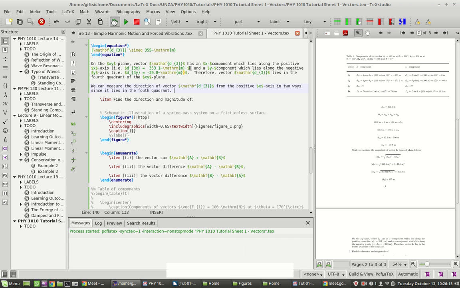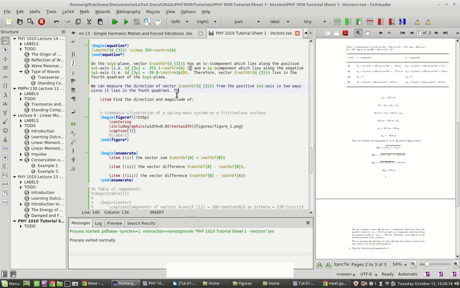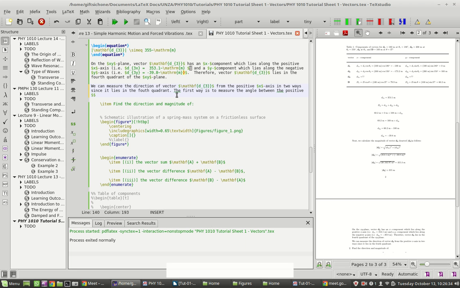The first way is to measure the angle between the positive x-axis and the vector in an anti-clockwise direction.